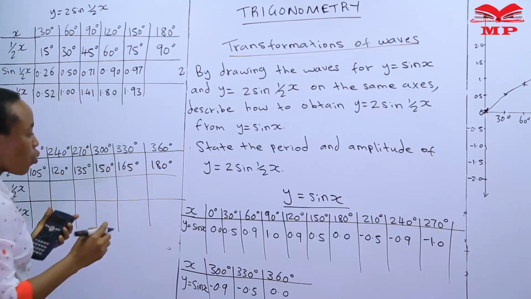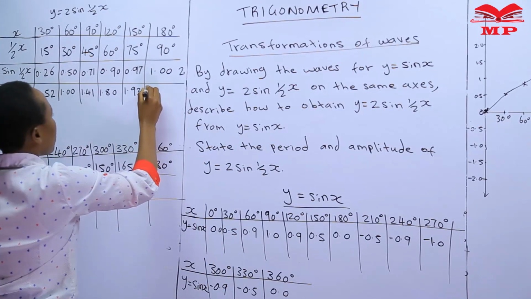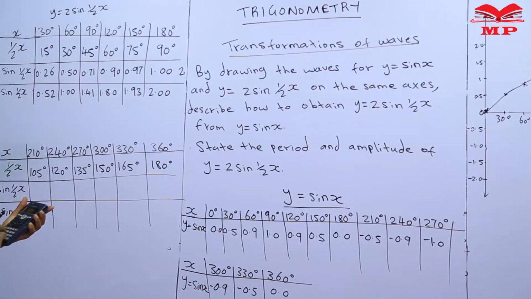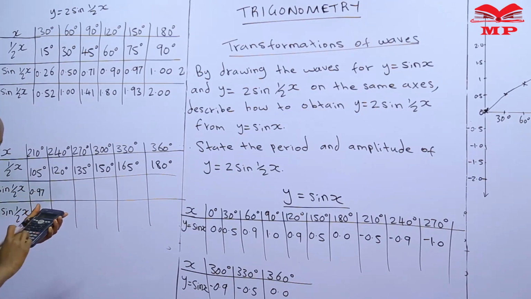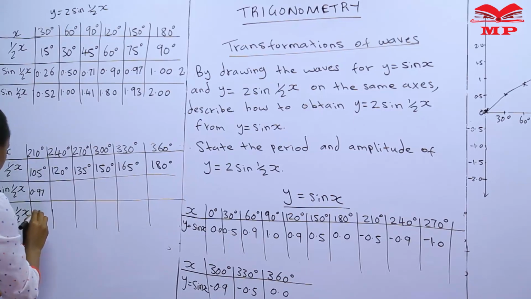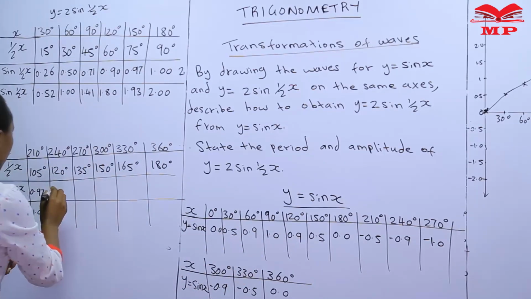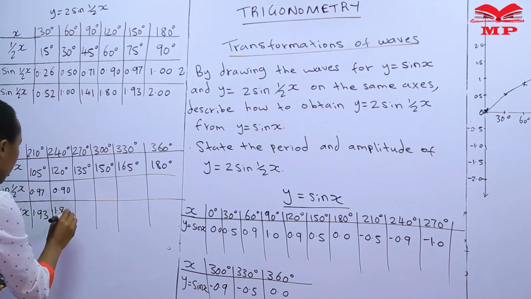We move on to sine 90, which is 1, multiplied by 2 gives 2. Then sine 105 is 0.97, multiplied by 2 to get 1.93. Then the sine of 120 is 0.9, multiplied by 2 gives 1.80.